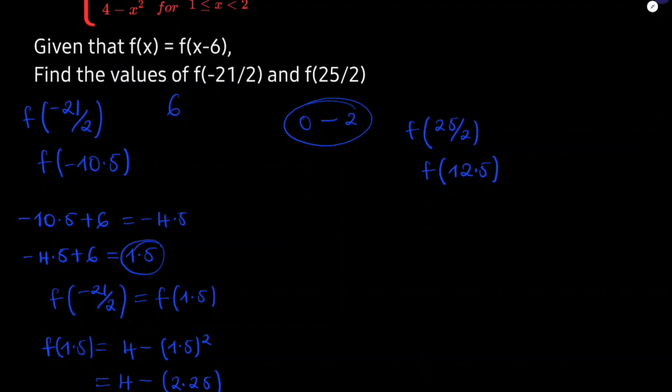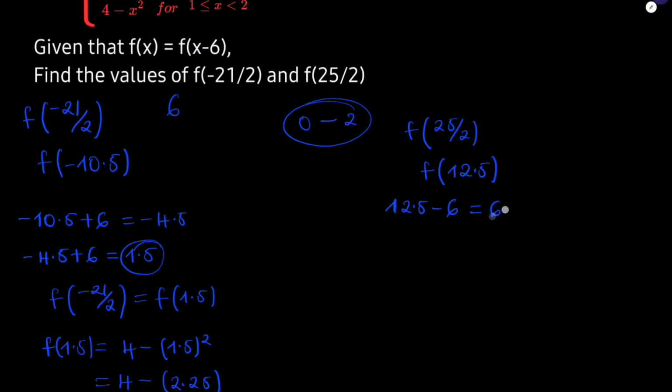Now we have to look for a number in which we can substitute it directly. Since it is a positive number, we are going to subtract 6 instead of adding. In the other case we had a negative number, so we added, but here we have a positive number, so we are going to subtract. So let's start. We have 12.5 minus 6.